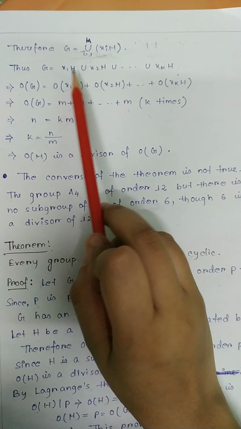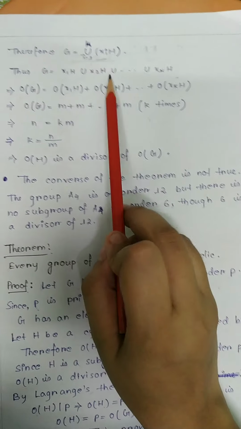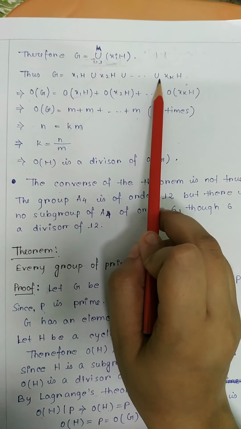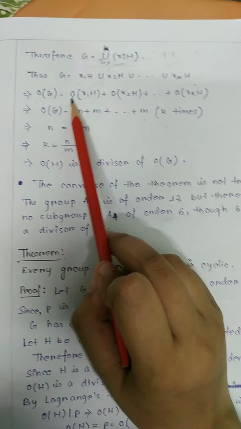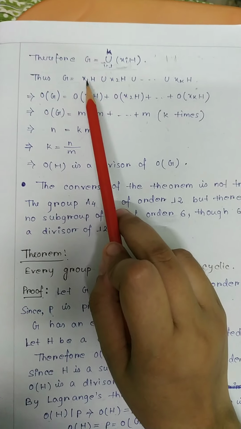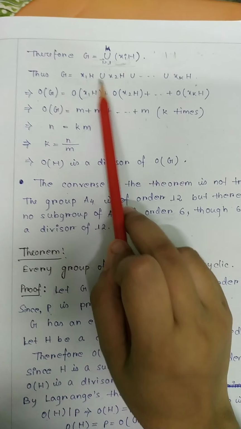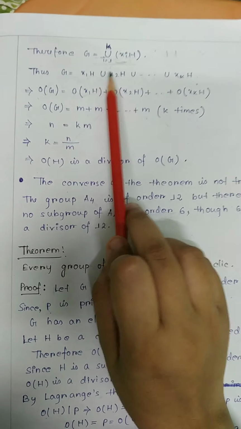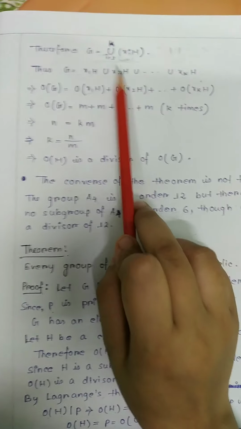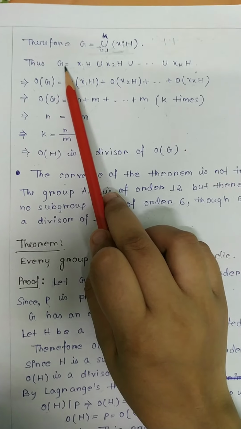Thus G equals x1H union x2H union ... union xkH. As they are distinct left cosets, the sum of their orders will be the order of the group again.